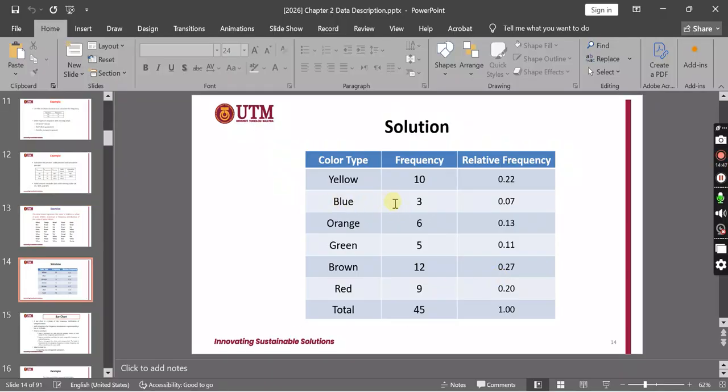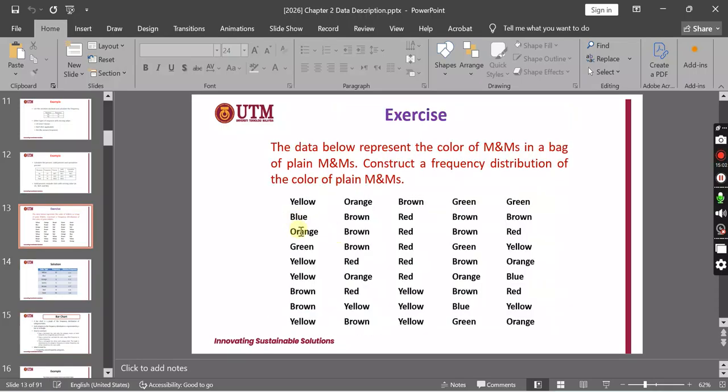That's why blue is equal to 3. The same goes for the other colors, so the total frequency must be equal to 45. Why? Because we have 45 seeds. If you count them, 1 to 9, and how many columns do we have? 1, 2, 3, 4, 5. So 5 times 9 equals 45.